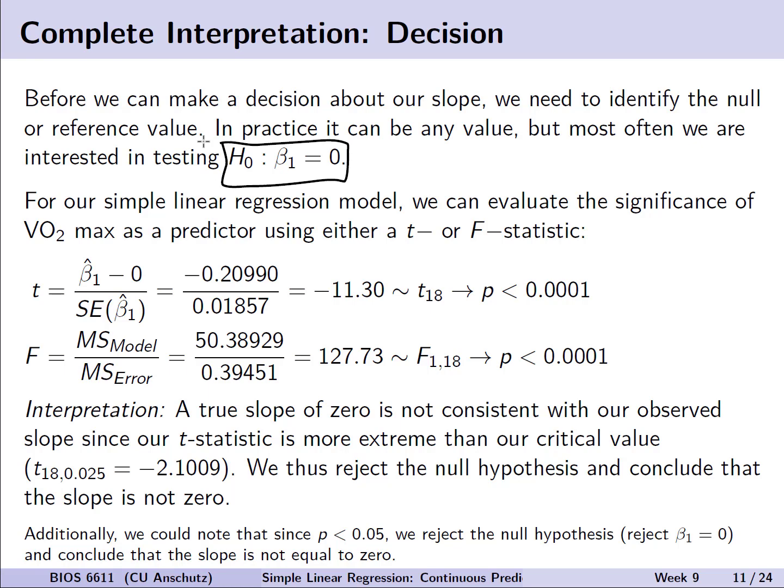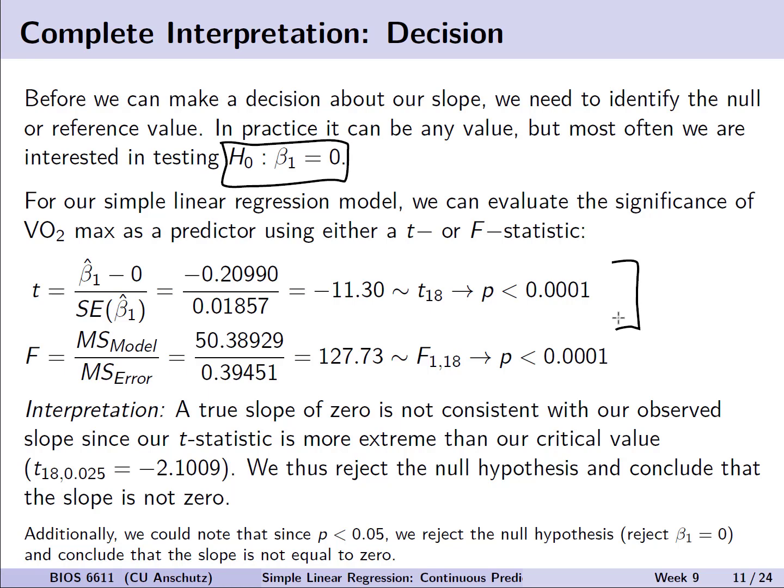By hand, we can note that for our simple linear regression model, we could evaluate the significance of this test in one of two ways, using either a t or an F statistic. We see above a t statistic calculated as beta 1 hat minus the null value for beta 1, which we've plugged in to be 0, divided by its standard error.